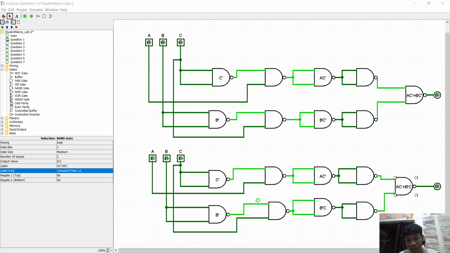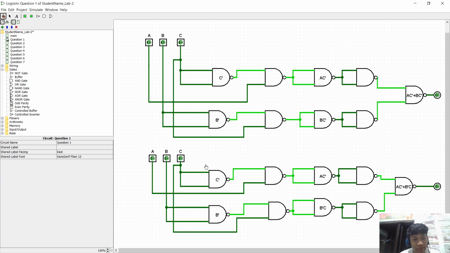And then to check if our gates are working supposedly, we will check it by following the table in the video lecture. For the first line, A, B, and C are 0, which has an output of 0.